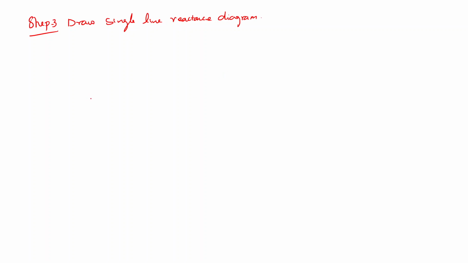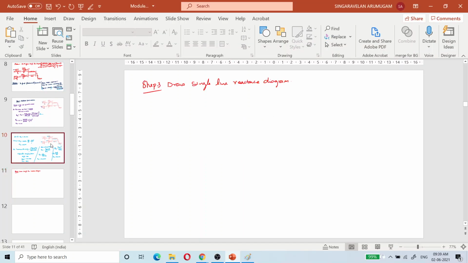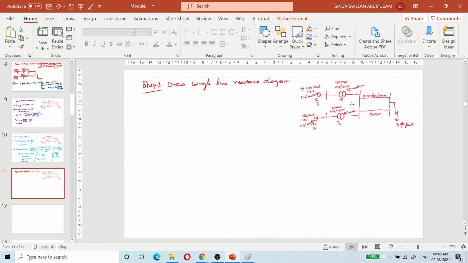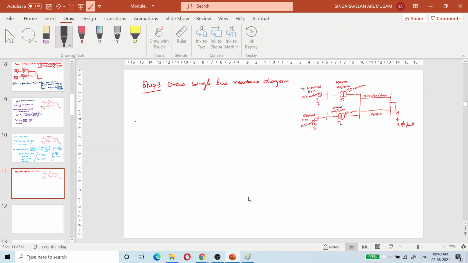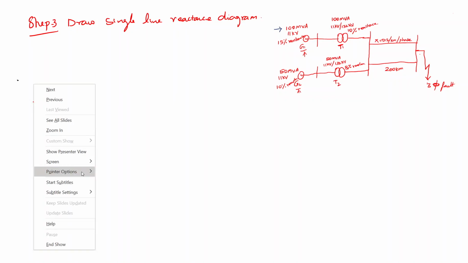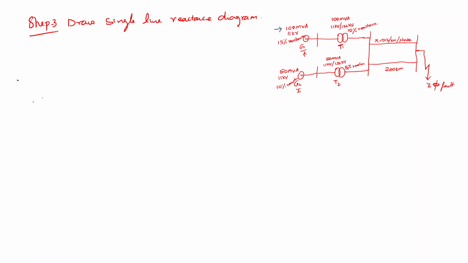So how we can draw? Again, I am taking the question. By seeing this question, I can draw the single line reactance diagram. First, generators I am connecting in a common bus. It is nowhere going to make any changes in the network.